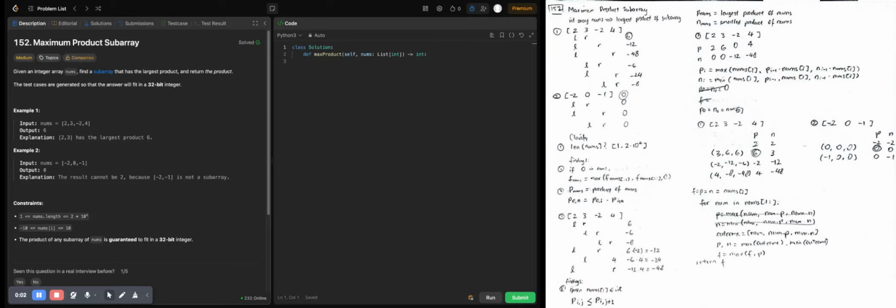Hello there. Today we are gonna look at problem 152. This is Maximum Product Subarray.